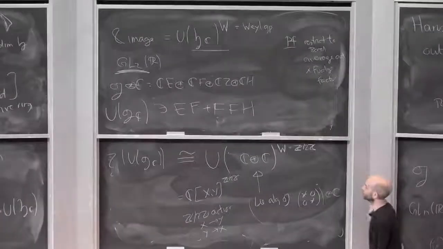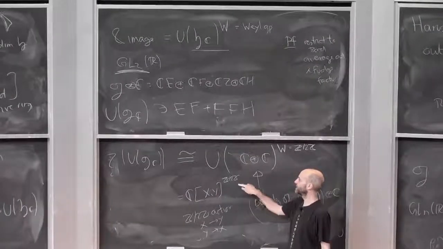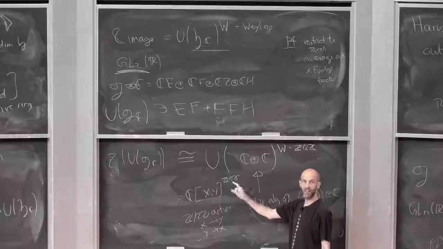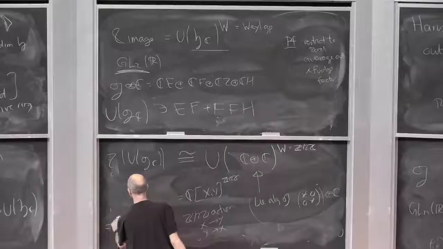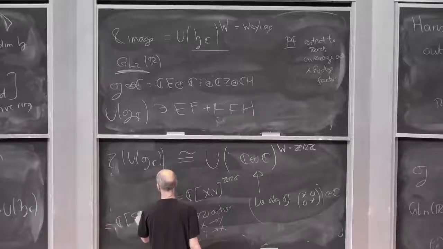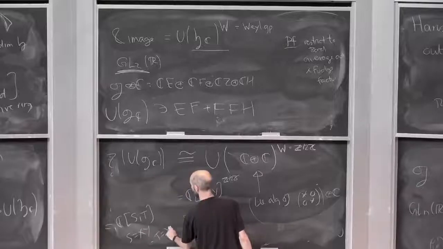So now we have a problem. What are the polynomials in two variables which are symmetric, which stay the same if I switch x and y? Okay, and so as a fun exercise, this is C[S, T], where S is x times y, and T is x plus y.